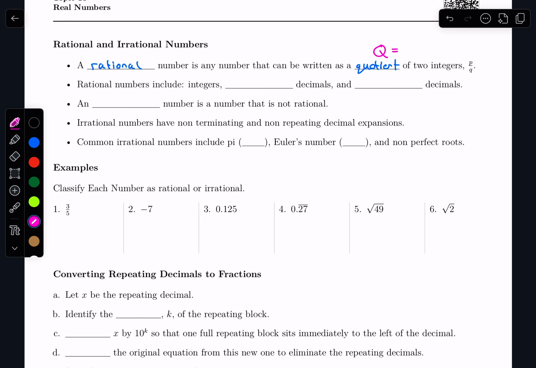So usually I would write a fancy Q with an extra line down the side there. But for sake of simplicity, we're just going to use a capital Q because depending on what font you use on, let's say, a computer, it's going to put this symbol in there differently anyway. So we're going to use capital Q.